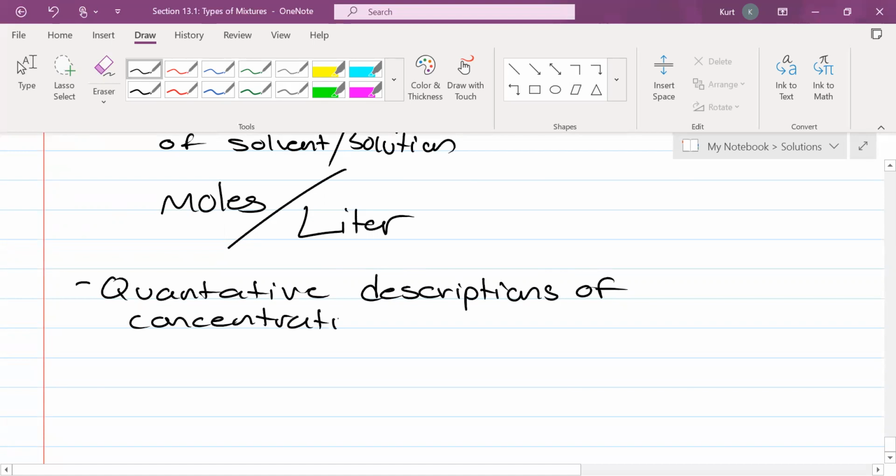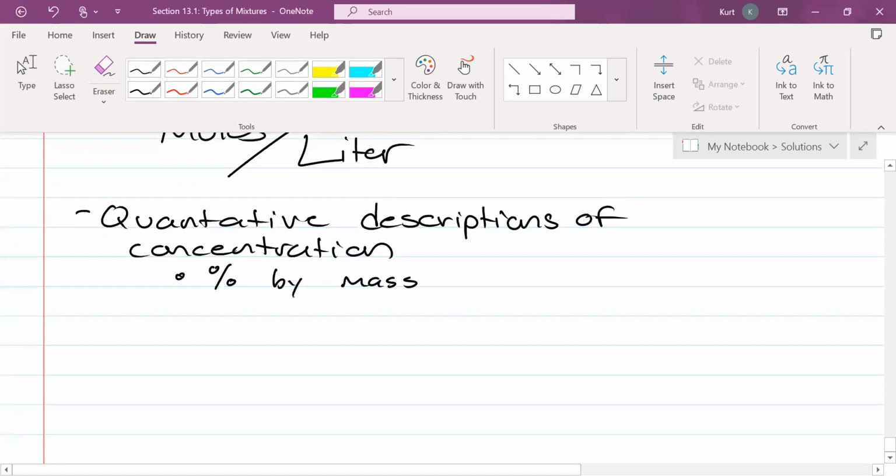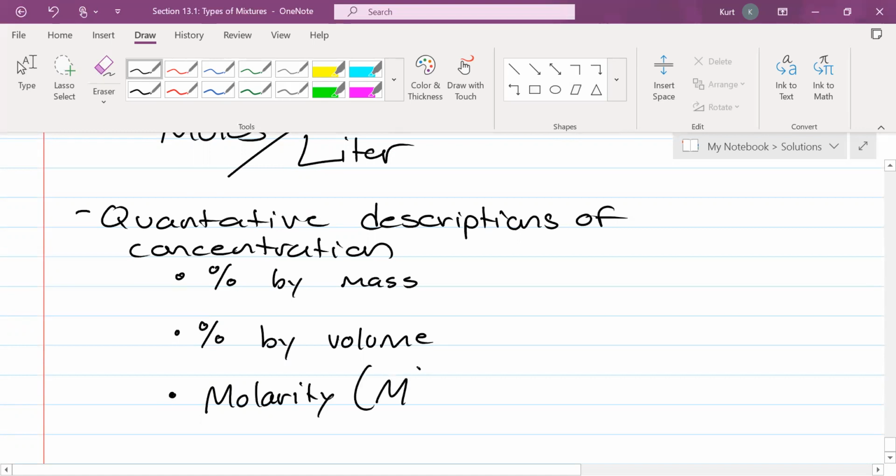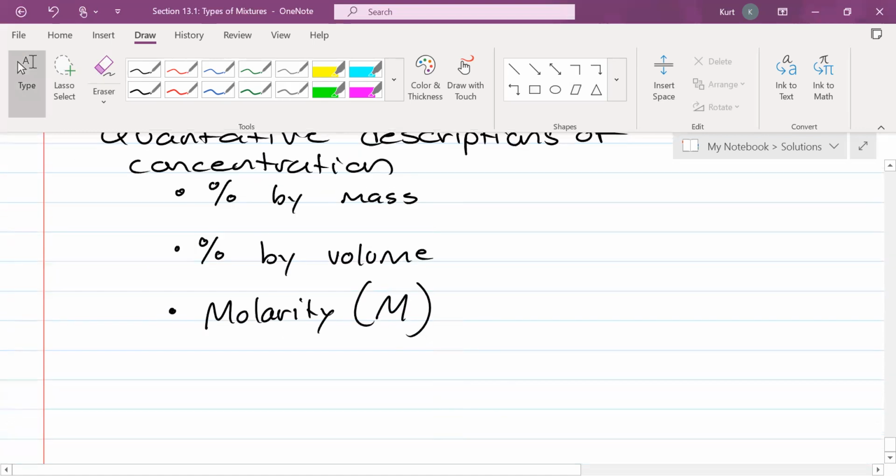So ways that you can calculate concentration can be percent by mass. We're going to do that. Percent by volume, which is practically the same thing. Molarity. And everybody, molarity is a capital M. A lot of people like to italicize it. I'm not going to be a big stickler with that.